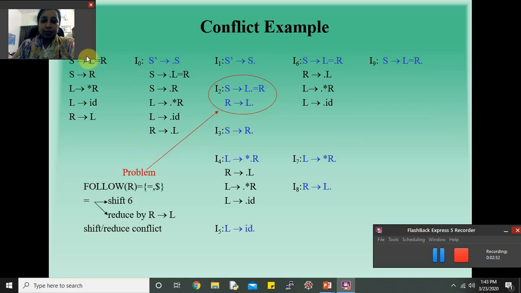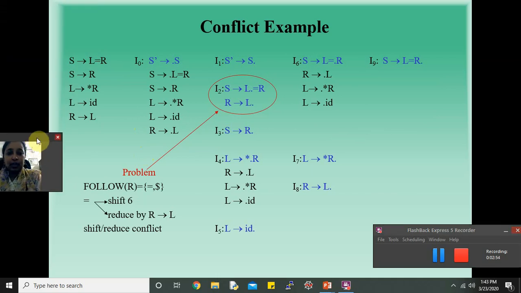Now for example, we would like to take a context-free grammar where you have S produces L equal to R, S produces R, L produces star R, L produces ID, and R produces L as the various productions.